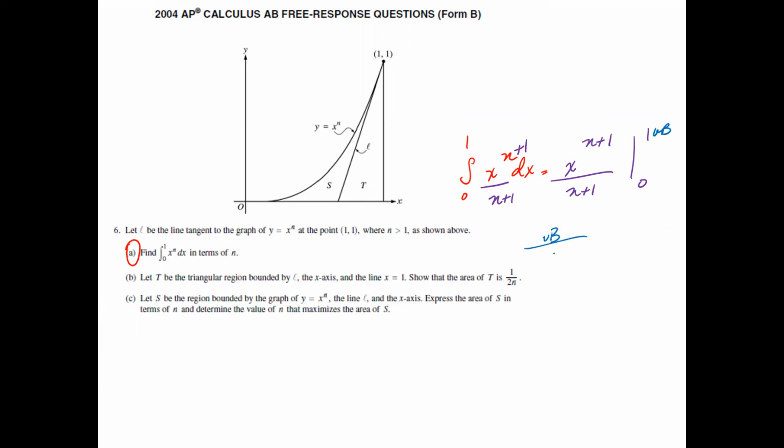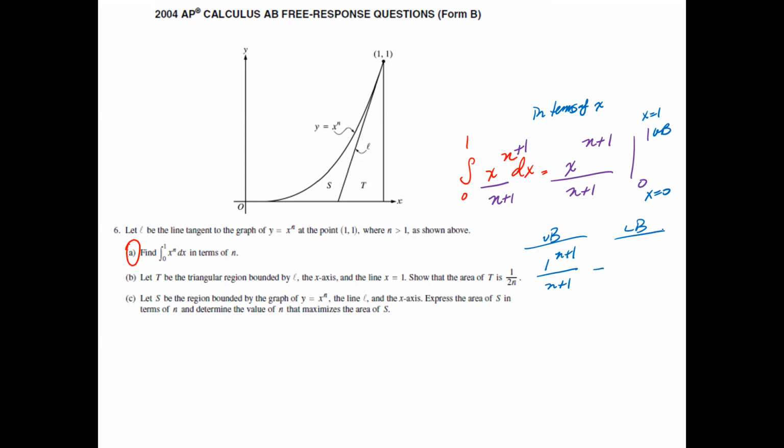You have to remember that you're looking at this from the perspective of x. When you plug in the upper bound, x is equal to 1, and the lower bound x is equal to 0. So for your upper bound, you're going to have 1^(n+1) over n+1.